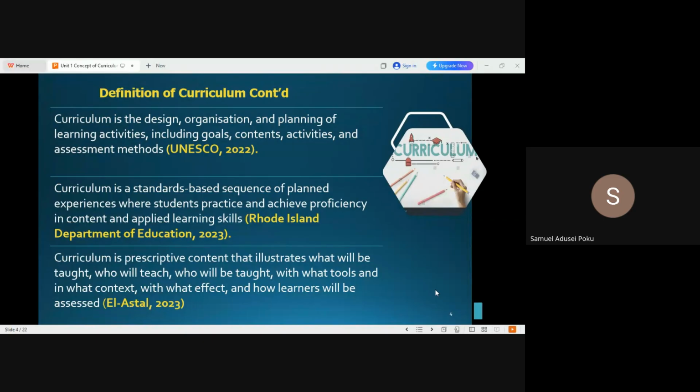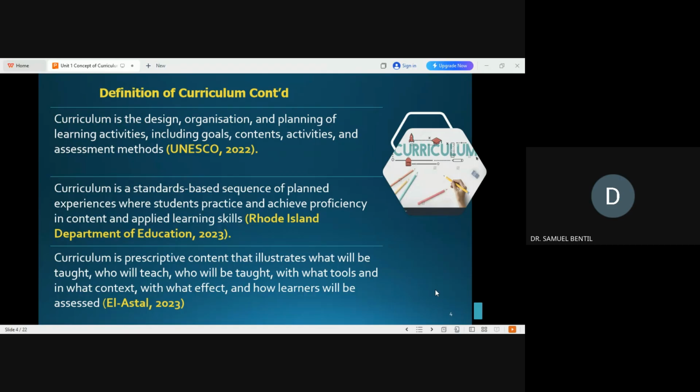So, sir, my question is, right now, the course we are learning is curriculum studies in geography. Does it mean it's a syllabus or it's still a curriculum? The word is curriculum, not syllabus. So the word itself tells you that we are talking about curriculum.